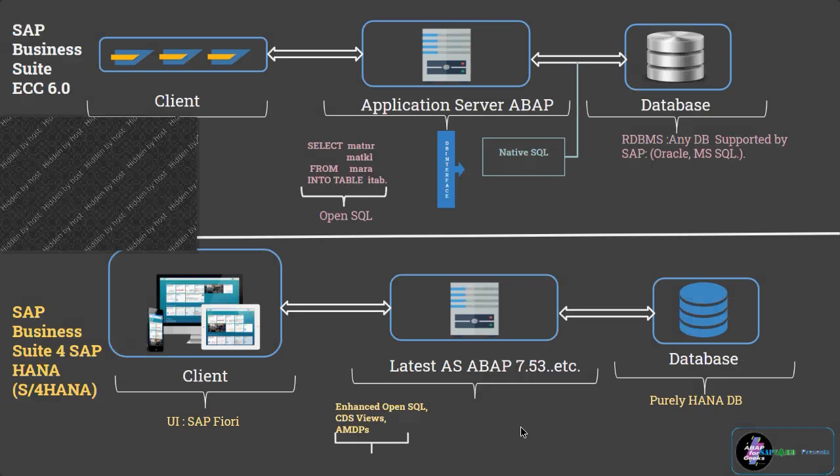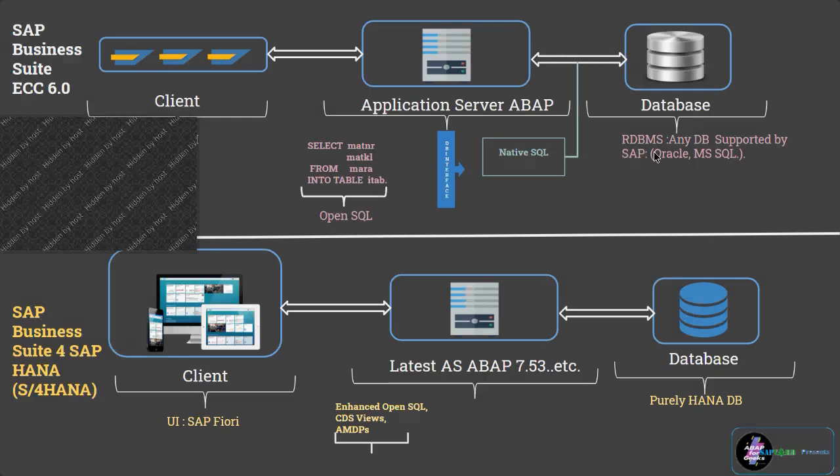As I mentioned, our goal is to leverage SAP HANA technology. So how do we leverage? Using CDS views and all, right? That is the main important thing. If you consider ECC 6.0, since it is any database, the OpenSQL is directly converted into native SQL, into the relevant formats. If you observe here, we do not have AMDPs.